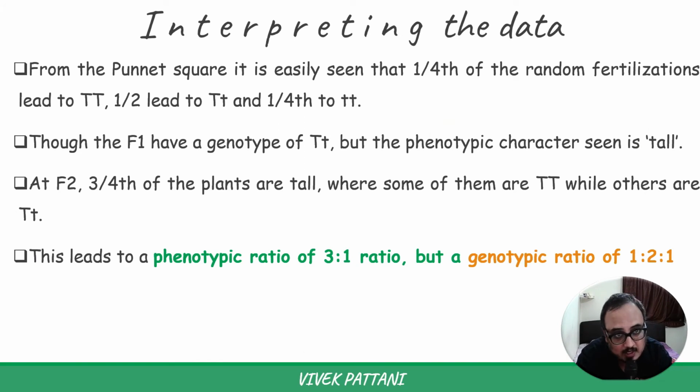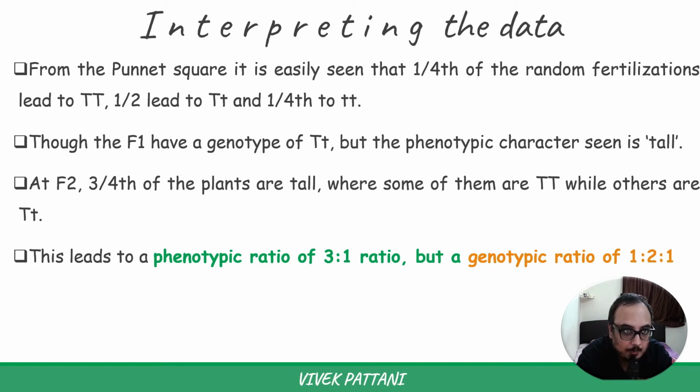Now interpreting the data, basically the F1 plant of genotype Tt, when self-pollinated, produces gametes of genotype capital T and small t in equal proportions. When fertilization takes place, the pollen grains of genotype capital T have a 50% chance to pollinate eggs of genotype T, and the same scenario holds for genotype small t, the dwarf one.